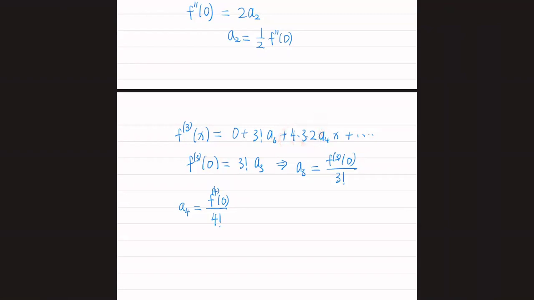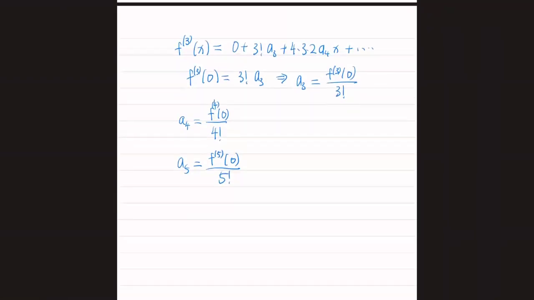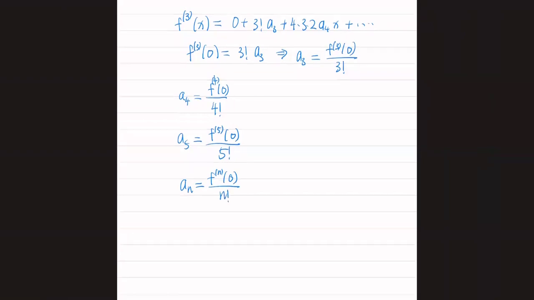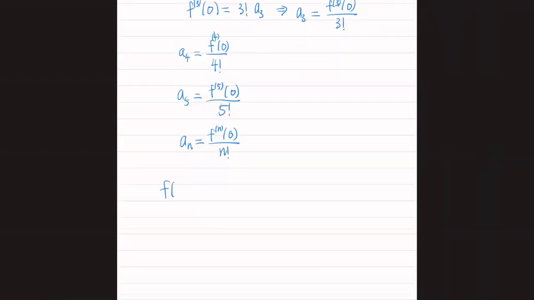Okay, now let's guess what's a5. Sakina. So, and we have the general case. An will be nth derivative at 0, over n factorial. In this way, we get the power series, sigma.